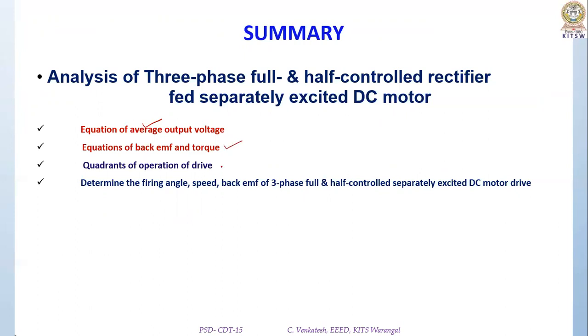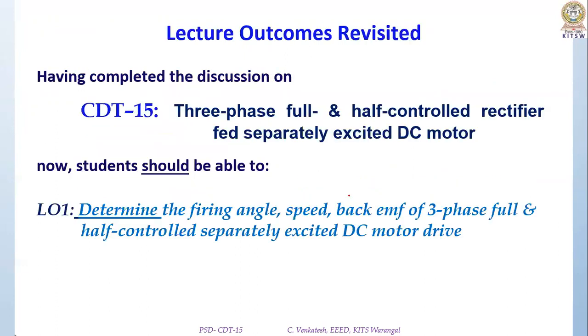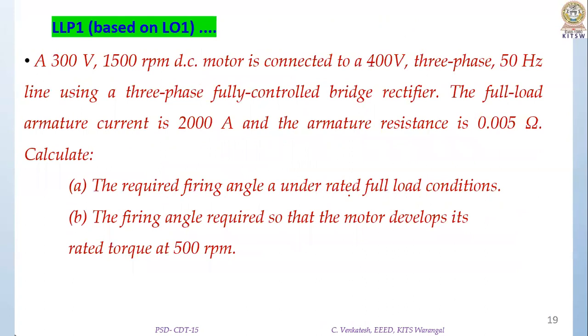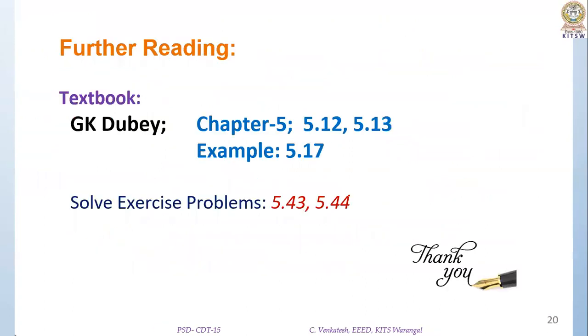You should determine the firing angle, speed, and back EMF of three-phase full and half controlled DC motor drives. So, dear students, you should be able to explain the operation of three-phase drives, and find the firing angles, speed, and back EMF of this three-phase drive. These are the numerical problems; we'll discuss them in the next class.